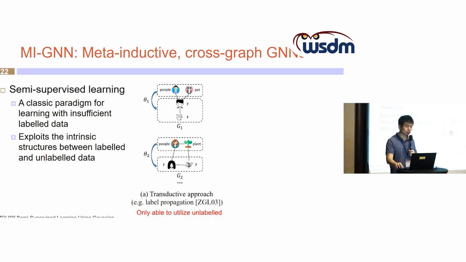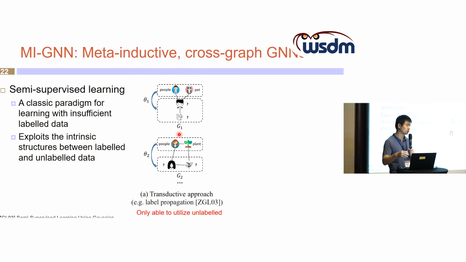In traditional semi-supervised learning on graphs, methods like label propagation use a transductive setting. That means you only learn on each graph, and your learned model cannot be applied to other graphs. So each graph is on its own. On graph 1, you learn a model and apply it to the test data.